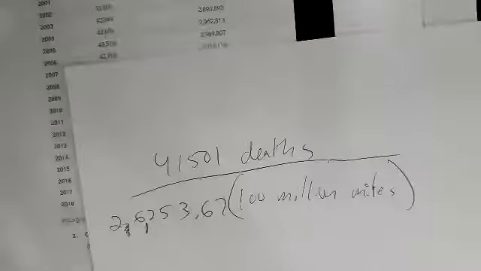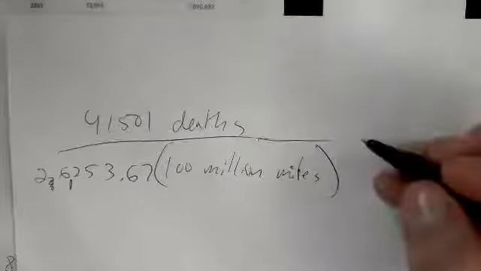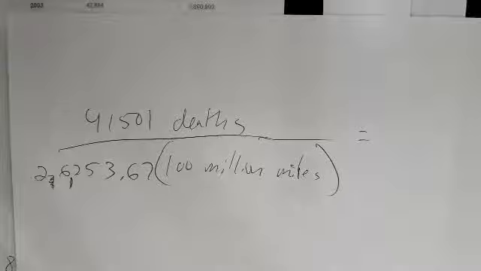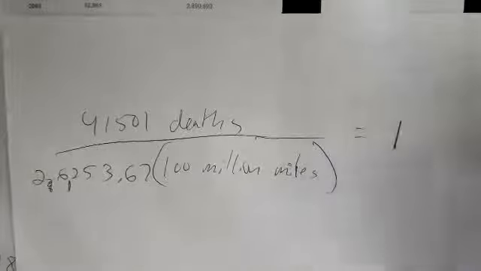But if I do 41K out of 26K, 41,501, and I divide that by 26,253.67, I should be getting somewhere around 1.58.